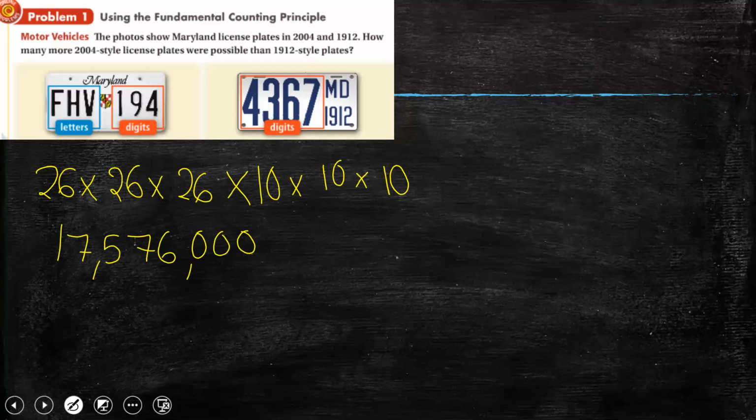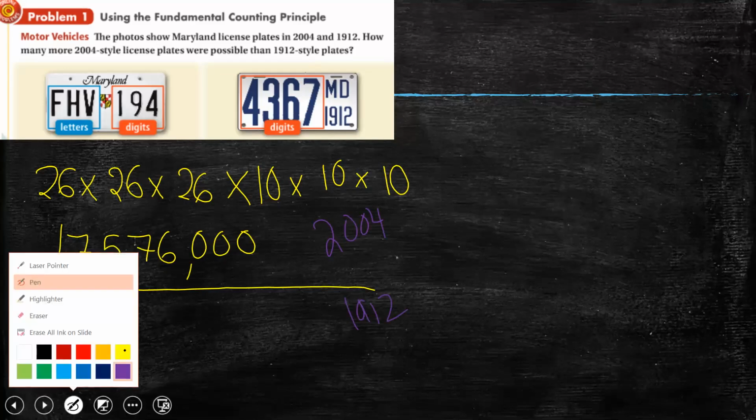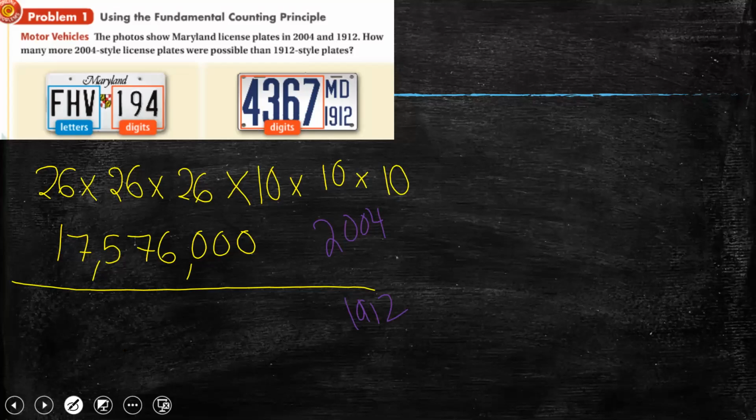Now let's write it for 1912. In 1912, how many ways do we have? How many ways to choose 4 digits? 10 times 10 times 10 times 10.